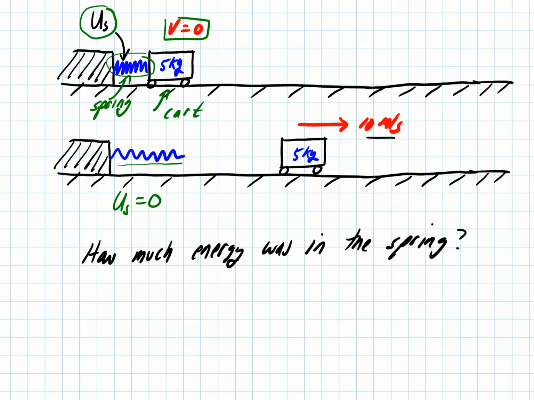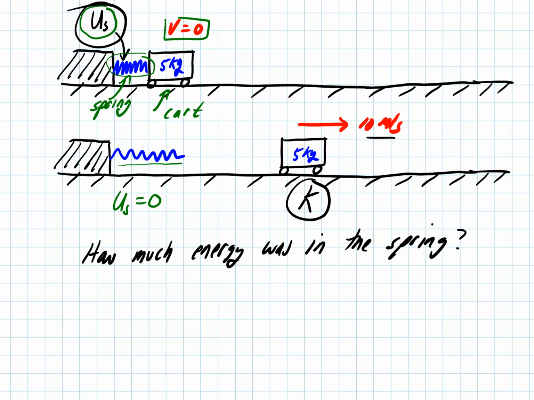The kinetic energy of the cart is going to be equal to the elastic potential energy that was in the spring. Because where did the cart get its energy? The cart got its energy from the spring. The spring gave up its energy. You could say the spring did work pushing the cart, getting it to go from not moving to moving. The spring used its ability to do work to make the cart go.